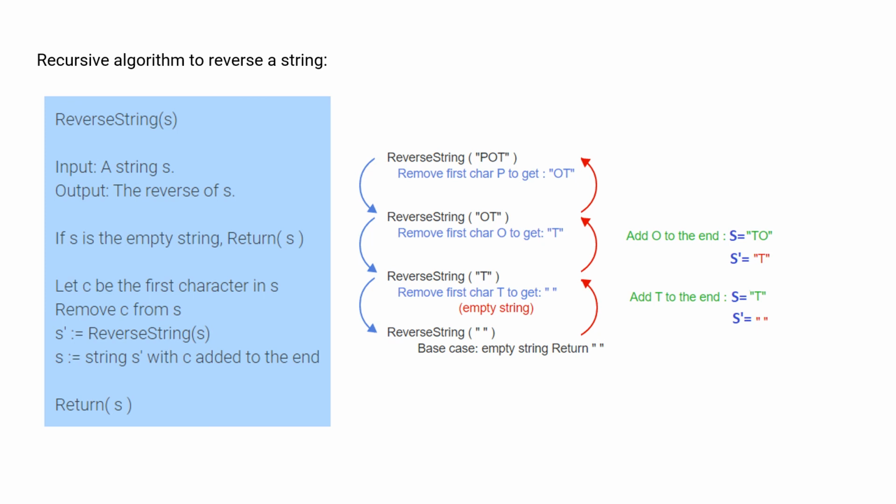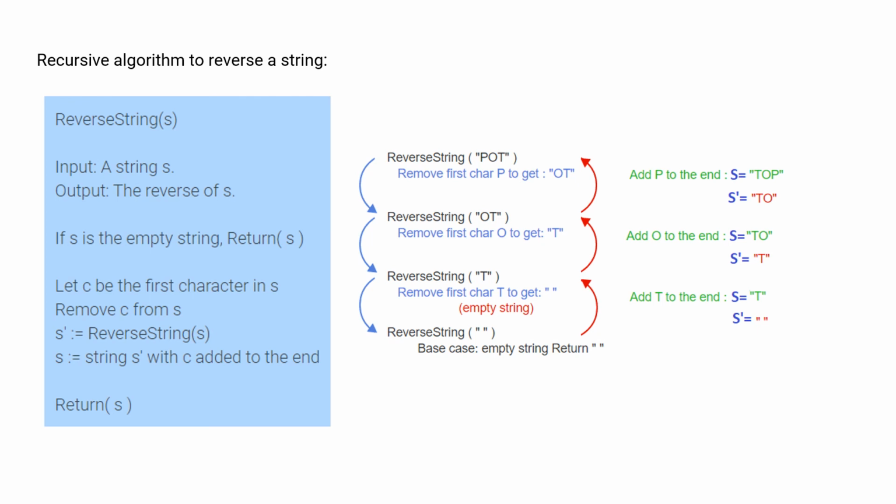But then that gets returned, and since TO gets returned, we're going to call that S prime, and then for that iteration again we add what got taken away, which for that iteration was the P. We add that to the end and we end up with S, and that's TOP.